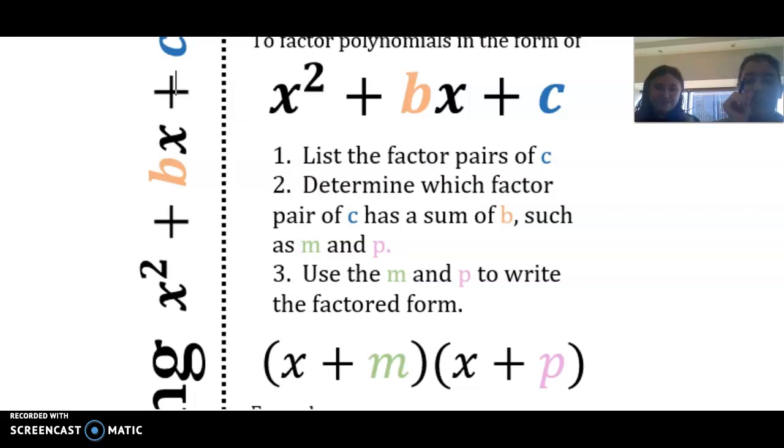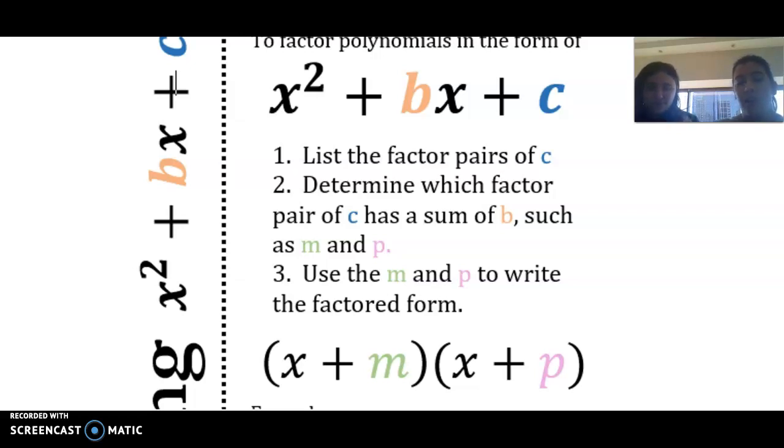So, factor pairs of c are numbers that multiply together. But when we say sum, what does that mean? What could be added together? Right. So we need two numbers that multiply to get c, but if I add them, I would get the b value.